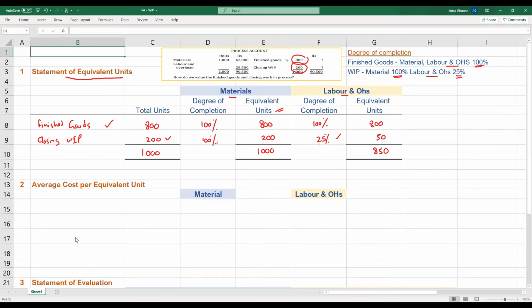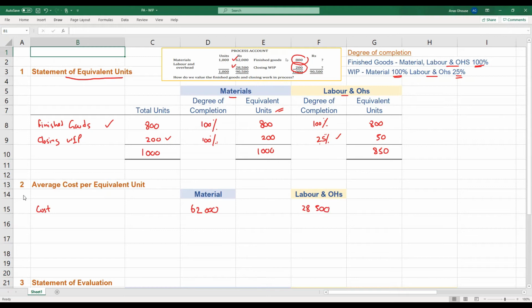Now, what is the second step? Second step is to calculate the average cost per equivalent unit. So first of all, we'll take the cost. The cost with regard to material is 62,000. Labor and overhead, 28,500.